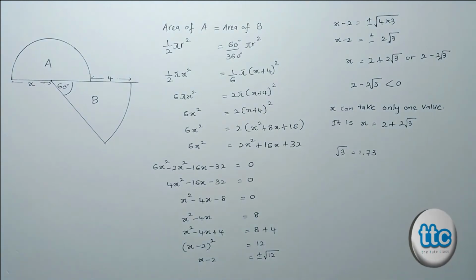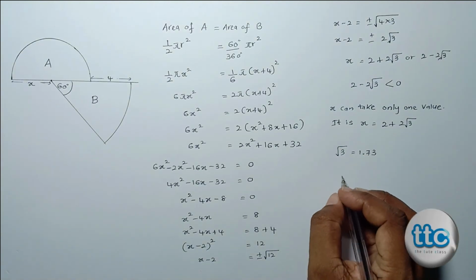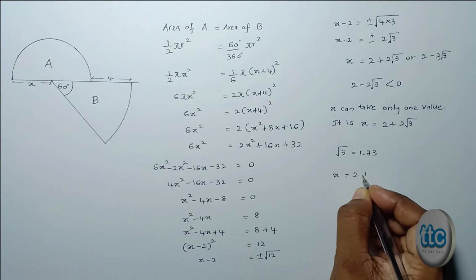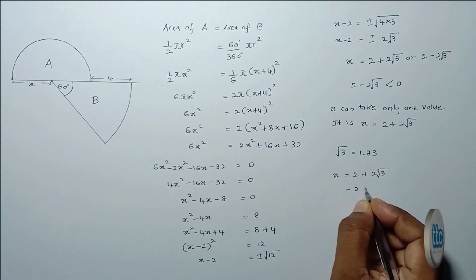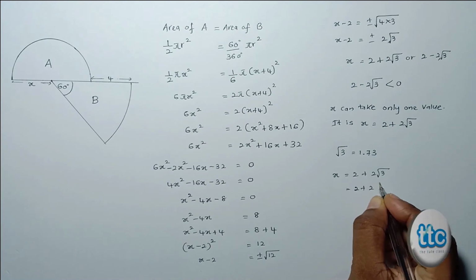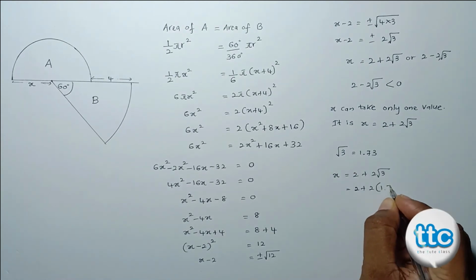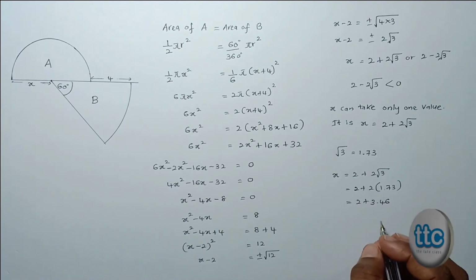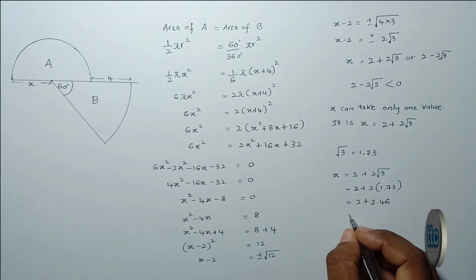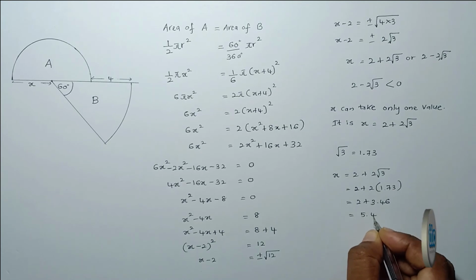We have to find the radius of sector B. We will first find the x value. x equals 2 plus 2 root 3. Therefore 2 plus 2 into 1.73, 2 plus 3.46. Altogether it is 5.46.